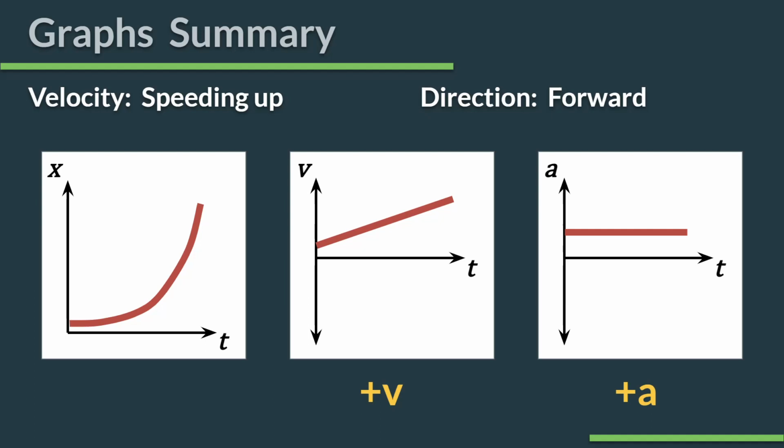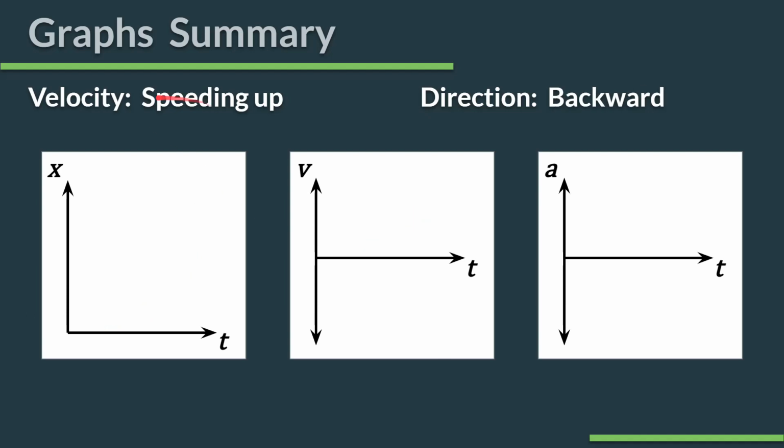You're going to see in a minute that if they're in opposite directions, you will slow down. So if they're both positive, you're getting faster in the positive direction. If they're both negative, we haven't looked at that yet, but you're going to get faster in the negative direction. And if they're opposite each other, then you're going to be slowing down, and you'll determine your direction based on your velocity. We'll look at that in a second, but that's a tip you might want to write down.